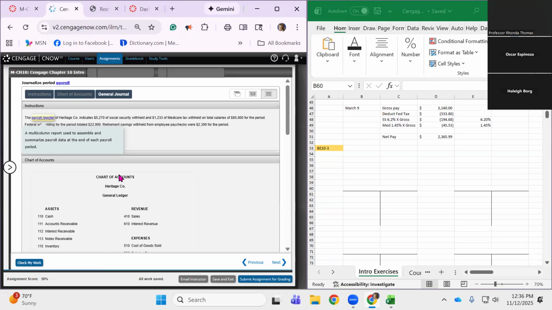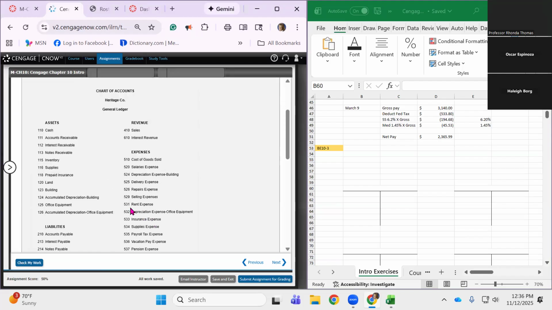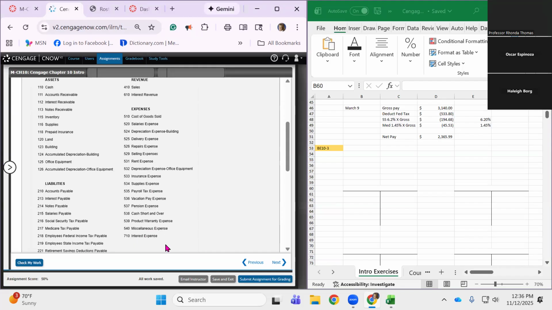So let's see what they've got under expenses. They've got salaries expense. That is the account that they're going to put all of their salaries expense. Let me put these in.